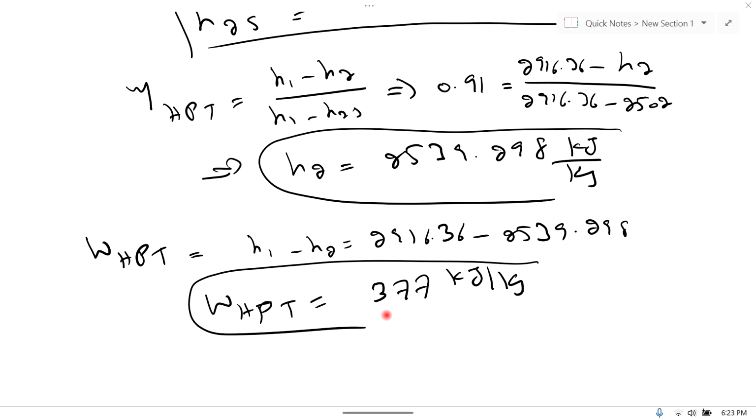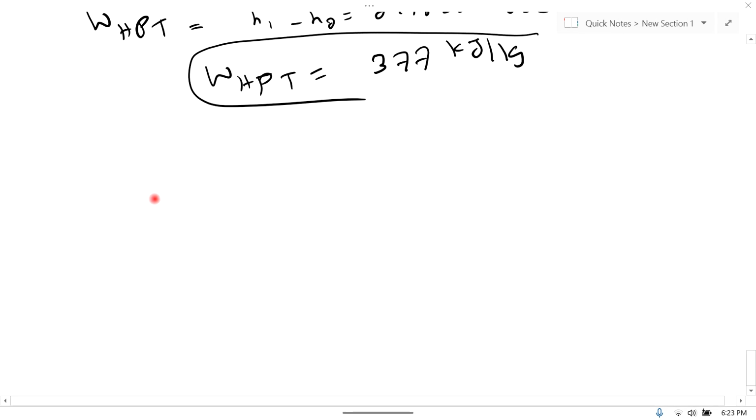Now temperature of feedwater outlet. We know the terminal temperature difference, which is given to us in the problem.